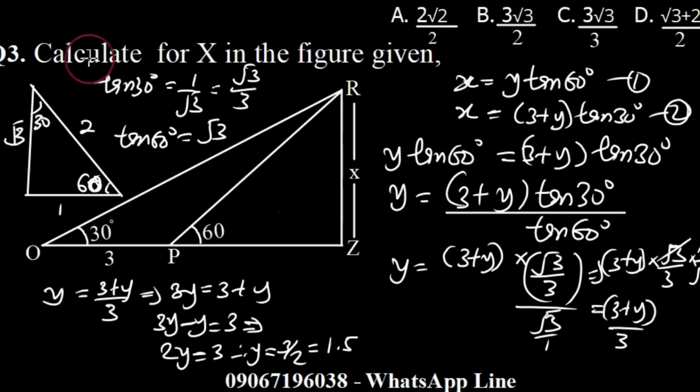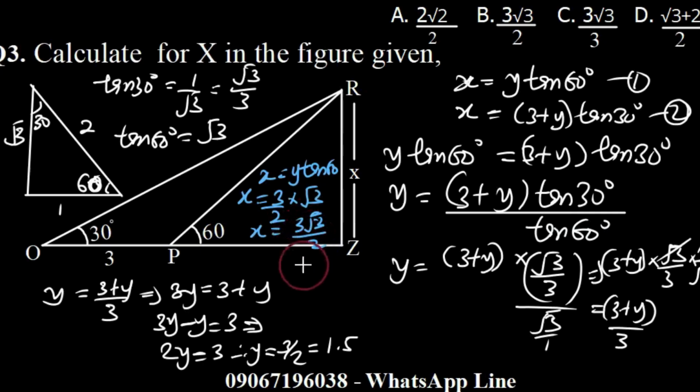You can see here that x is equal to y tan 60 degrees, and y is 3 over 2, times my tan 60, which is root 3. So finally my x is going to give me 3 root 3 divided by 2.